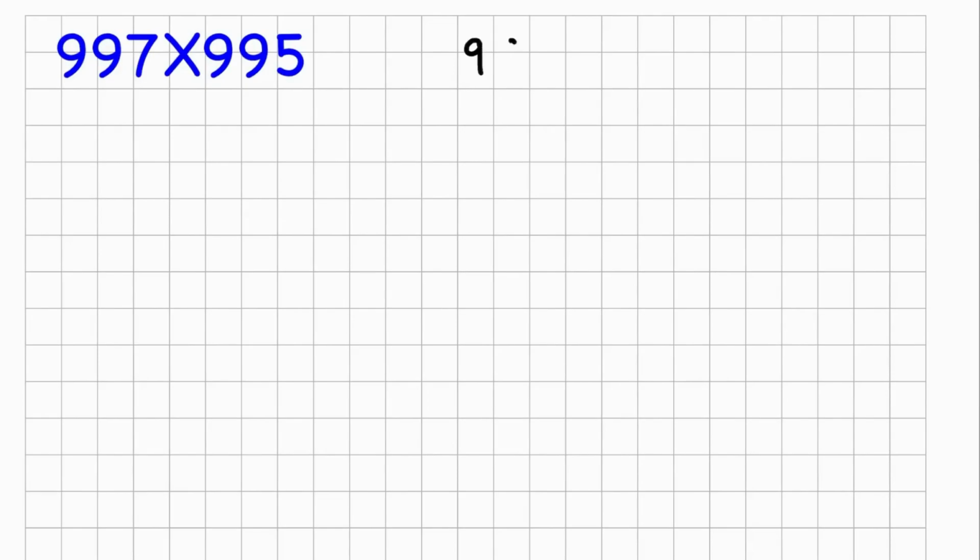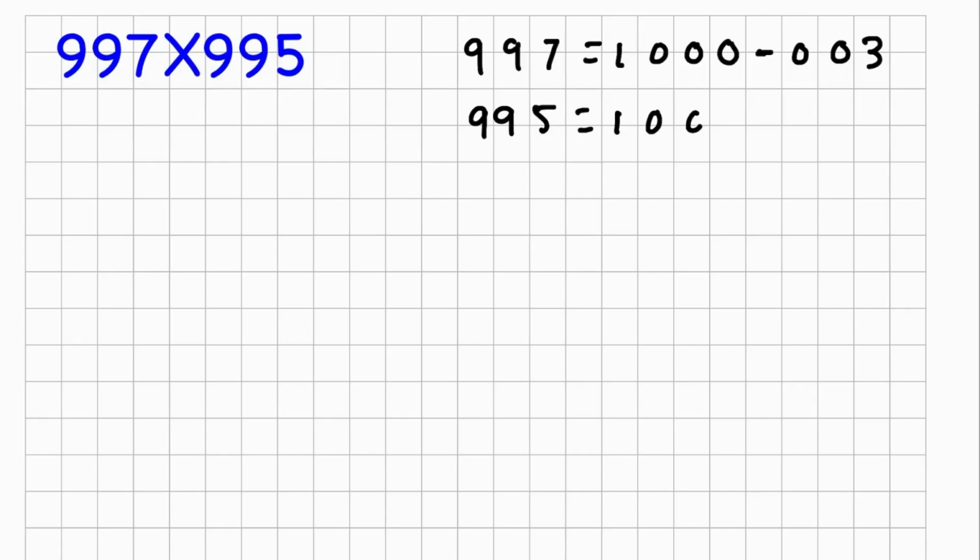997 times 995. 997 equals 1000 base minus 003. And 995 equals 1000 minus 005. Now we write the question like this.